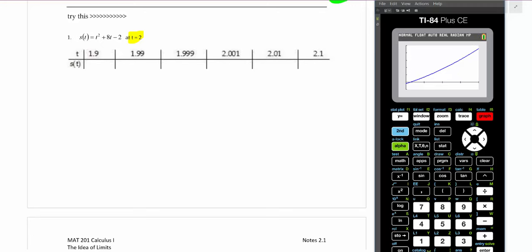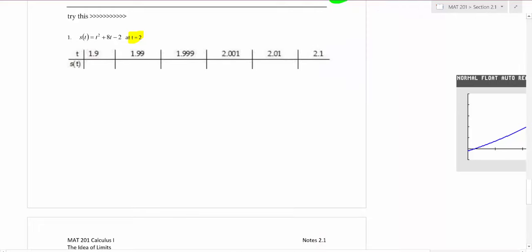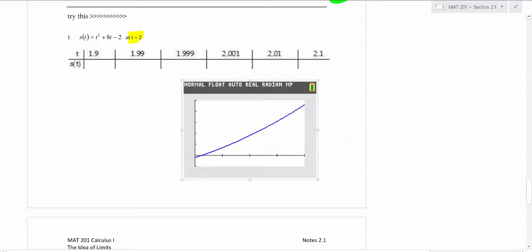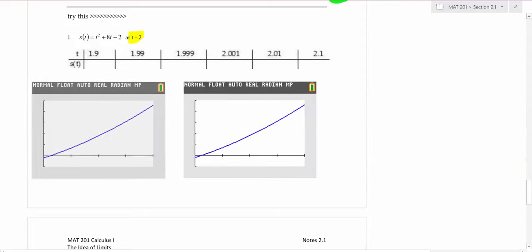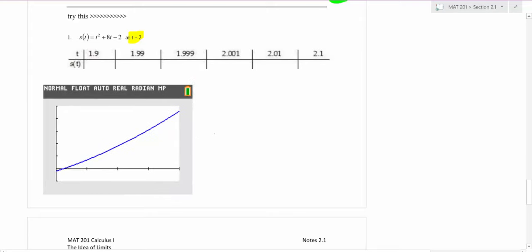Okay, so that looks pretty good. I'm going to move this over here so we'll have the graph to refer to. Then we're going to fill out our table and make a conjecture. So the way that I have this set up is I have t going to 4.